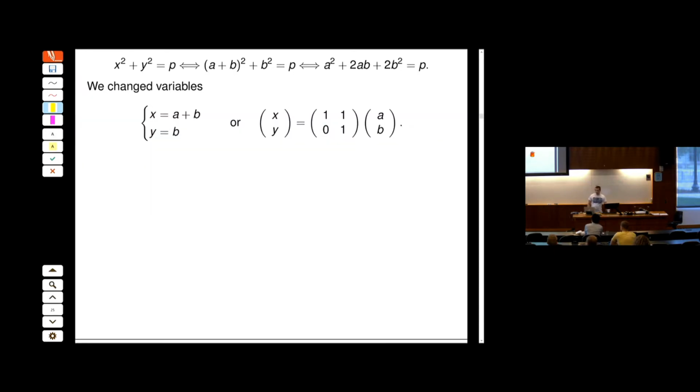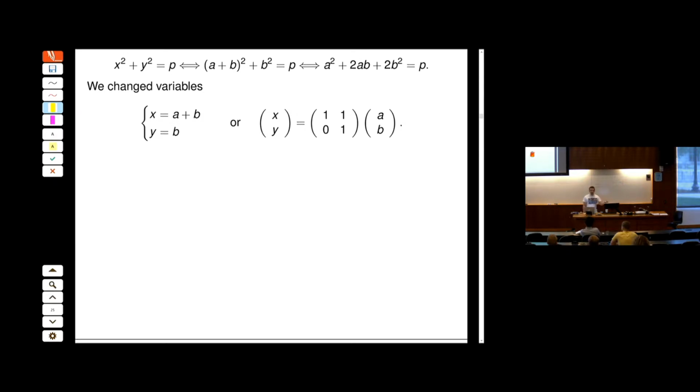Okay, so we've done a little example of that. If you take the quadratic form x squared plus y squared, we've made a simple change of variables that you can represent in matrix form, and then you see that the change of variables did what I said.